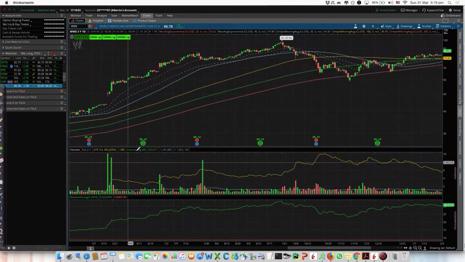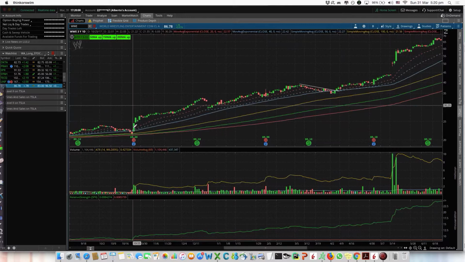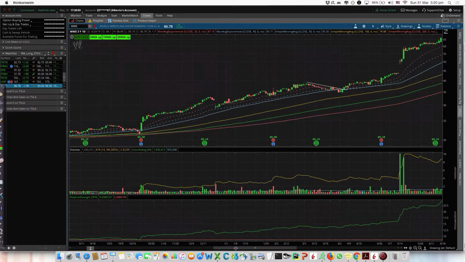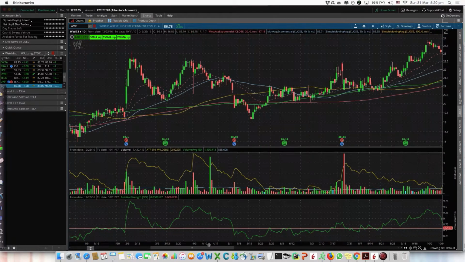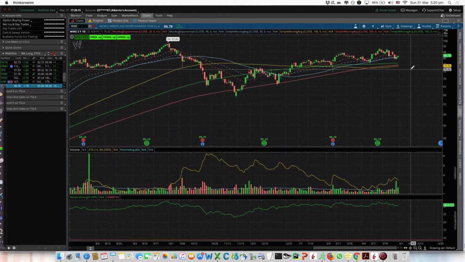Not all the time, sometimes nothing happens, like here. Sometimes you may have gaps. So what is the risk? The risk is that in case you have a big gap, it may be good for you if it's going up, but it may also be bad, because if you have a gap down, your stop loss will be triggered at a much worse price and you may lose more than what you wanted. So it may be a good idea to close the position before earnings.